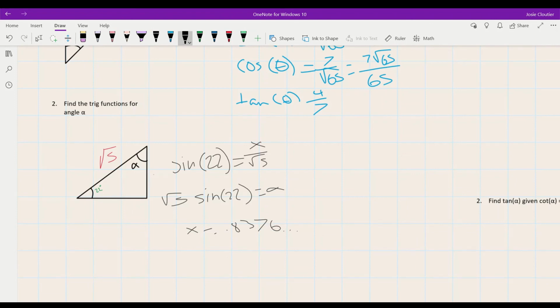So now we know that this is 0.8376. And we can use Pythagorean Theorem to find our missing side length.